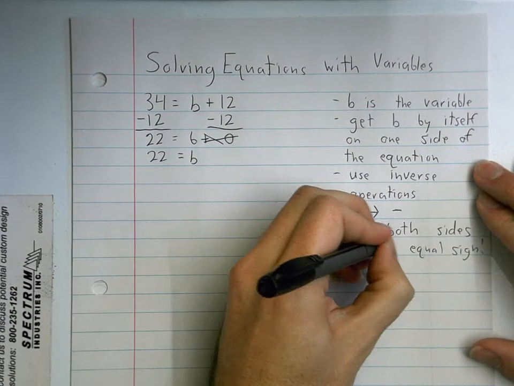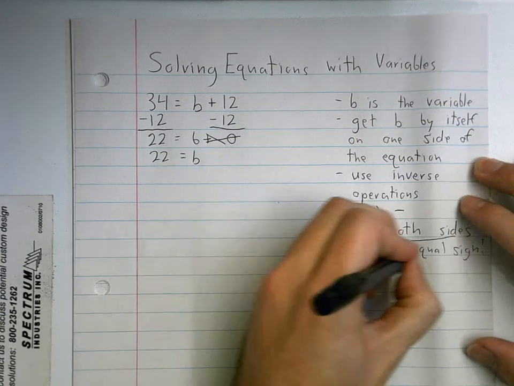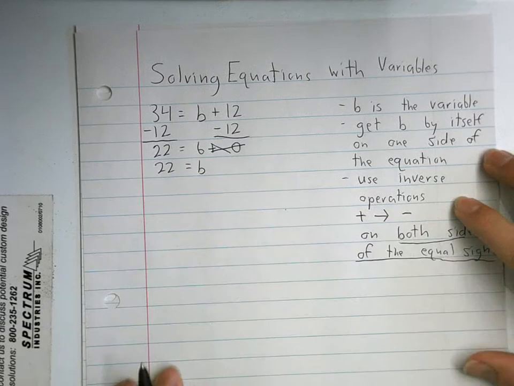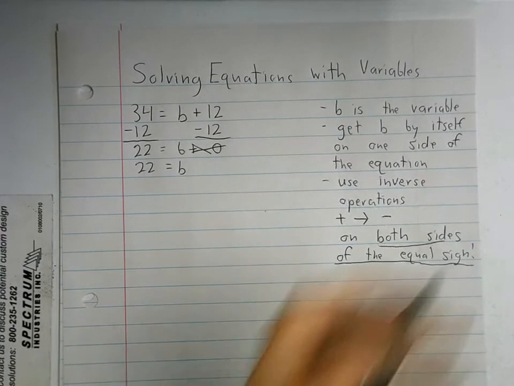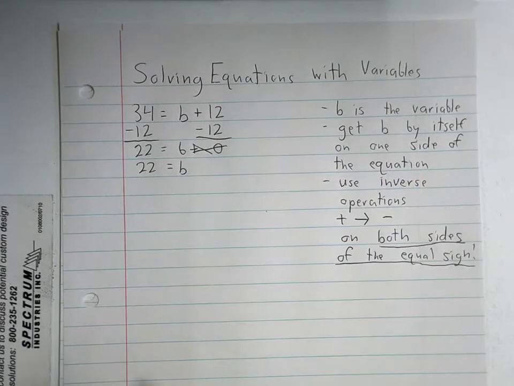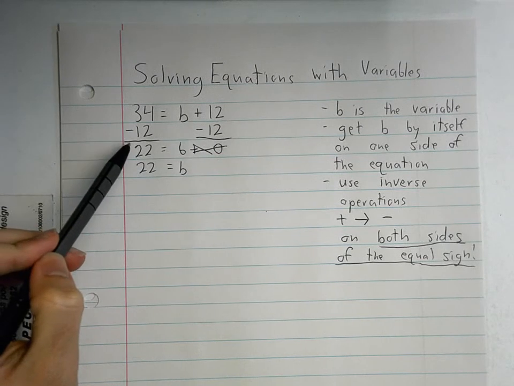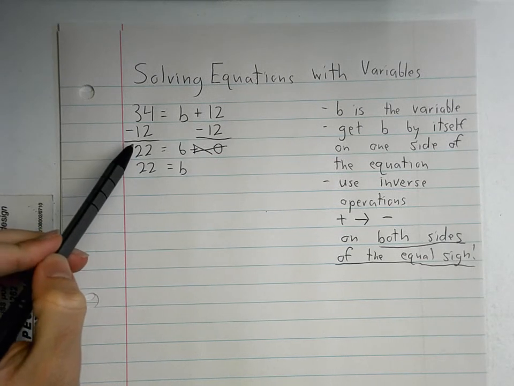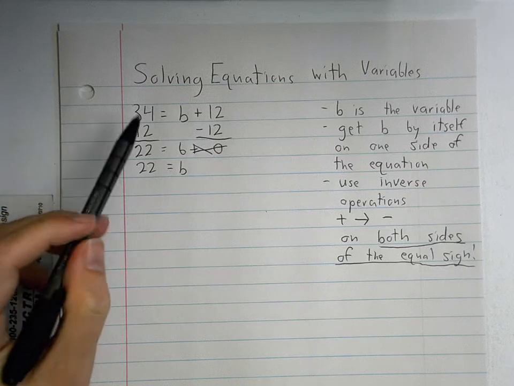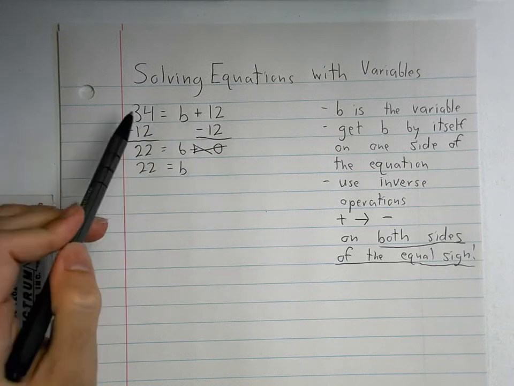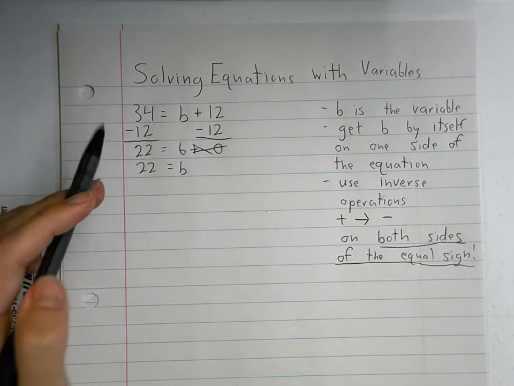Okay, I'm going to underline this part because it's super important. You have to make sure that if we take away 12 on one side, we have to take away 12 on the other side too. We have to do the same thing on one side of the equal sign as the other. Otherwise, it's like our scale.